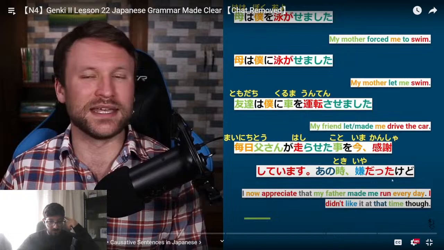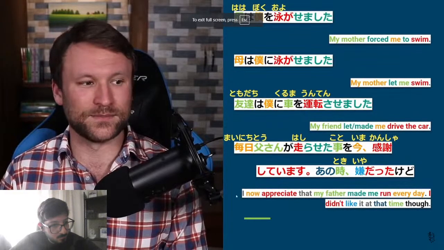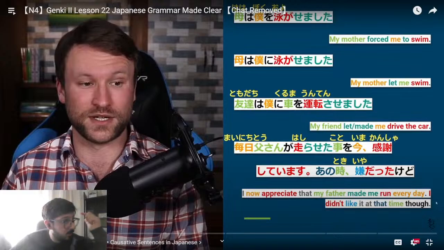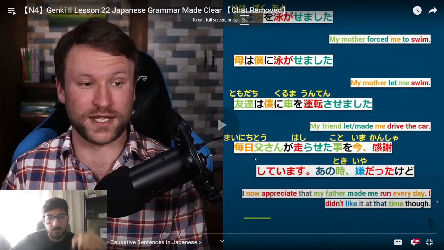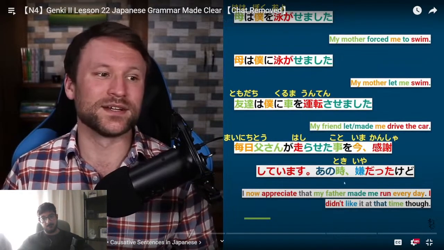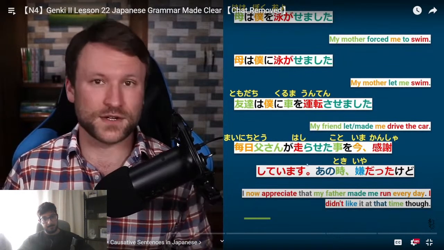My Japanese filter in my mind doesn't allow me to use two o's in one sentence. Every language has a filter in everyone's mind. So the second sentence here gives context to the first sentence.